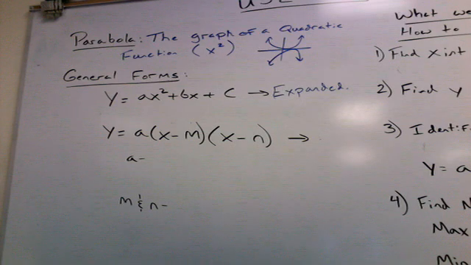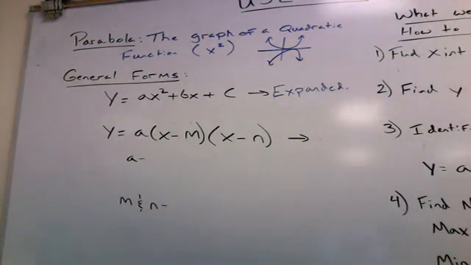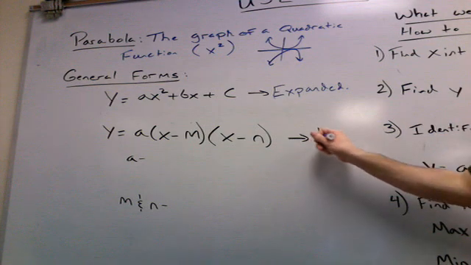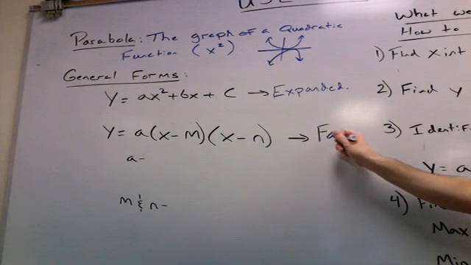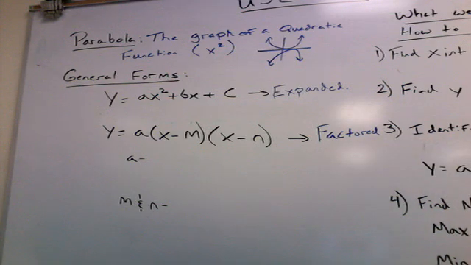Now the other general form, y equals a times x minus m times x minus n, is called the factored form. Do you guys remember doing FOIL last year? First, outsides, insides, last?